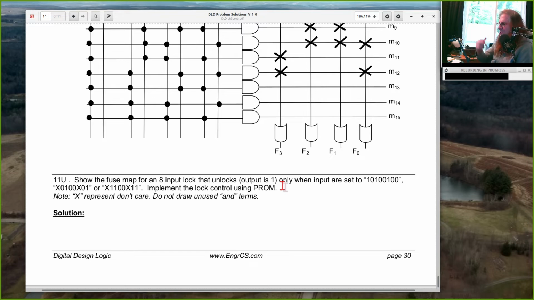And there's a note in Canvas about this also, right? So if I don't need to use this term, don't draw that term in your picture. Otherwise, your picture is going to be 256 lines of dots and AND gates. Just draw the ones that you need, and you'll only need a few of them. So draw a picture of this PROM with the fuse map.